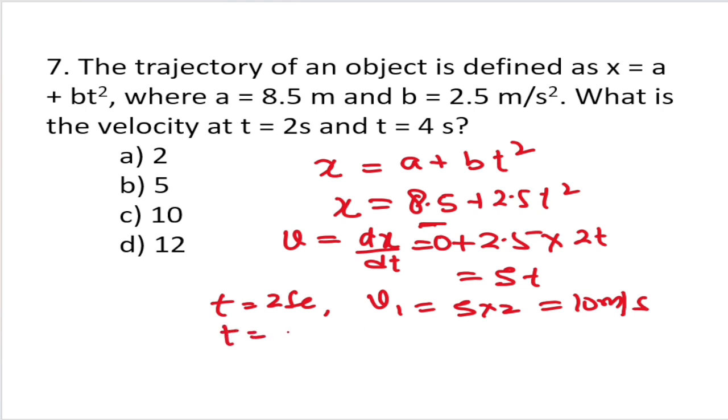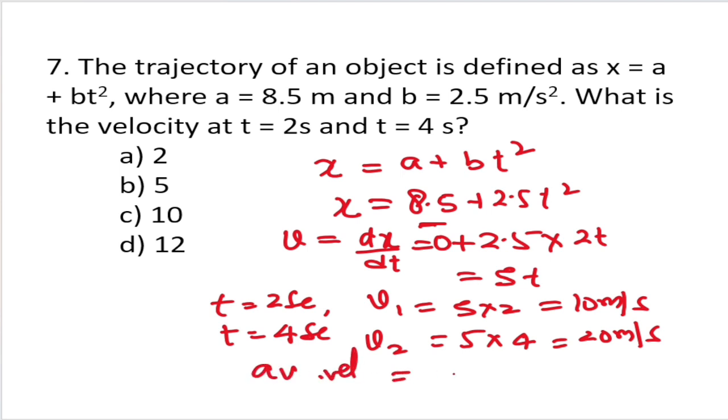At t equal to 4 second, v2 equals 5 into 4, that is equal to 20 meter per second. Now the average velocity is 10 plus 20 upon 2. So this 15 meter per second is the average velocity.